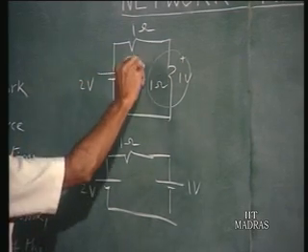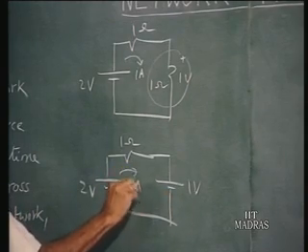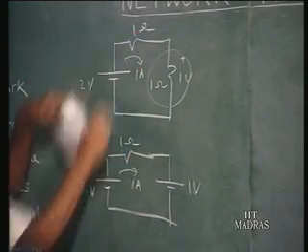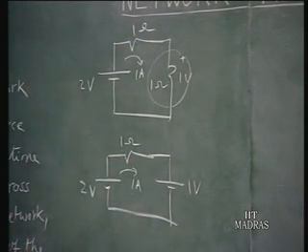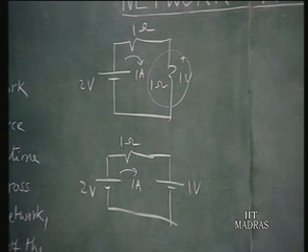Here we have a 1 ohm, 1 ampere current, here also you have 1 ampere current, and the voltage across this resistance here and here are the same. That means this element which had a 1 volt potential drop across it is replaced by a source. So that is the statement of this theorem.